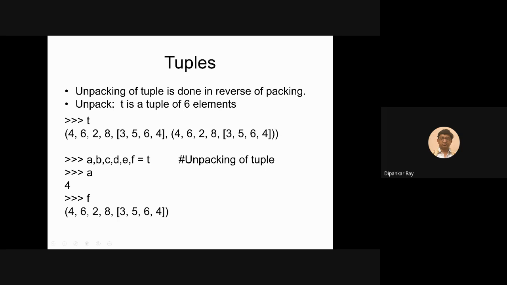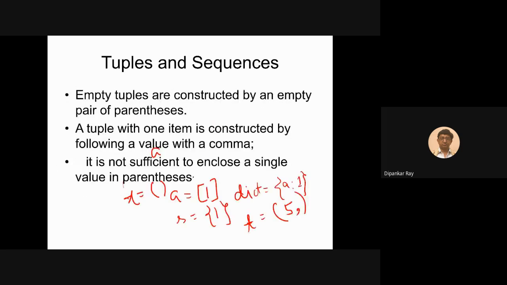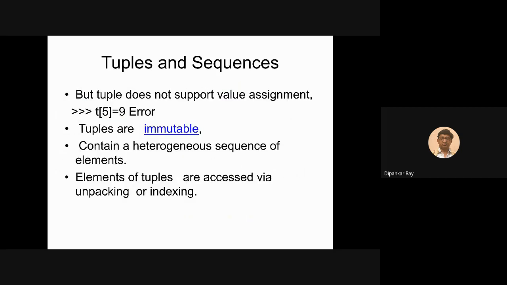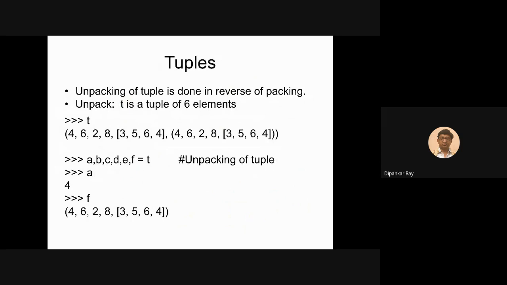How to unpack a tuple? So here we have created a tuple. How to unpack it? Reverse. So this is the tuple. Just write 5 elements before this.